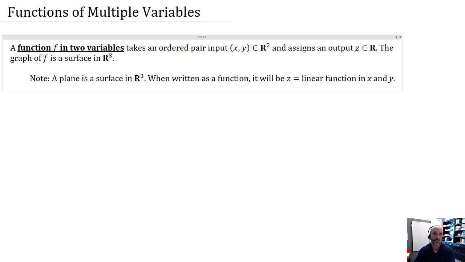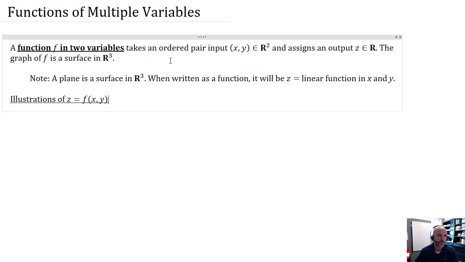So a plane is a surface in R3. You can write it maybe as a function as well. Let's look at some illustrations of this idea that z equals a function of x comma y.